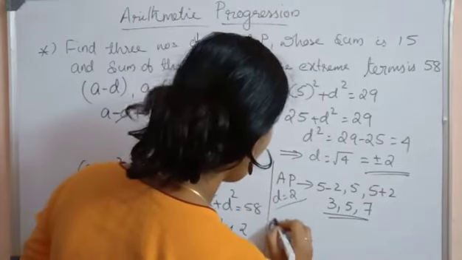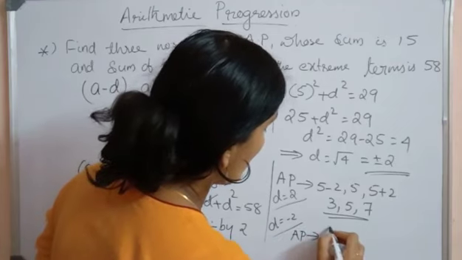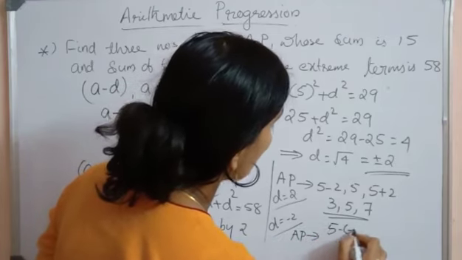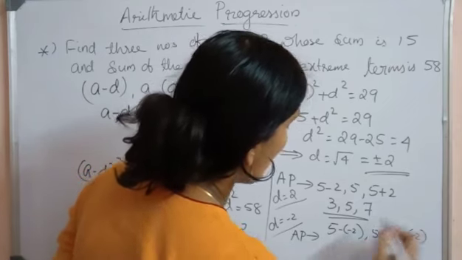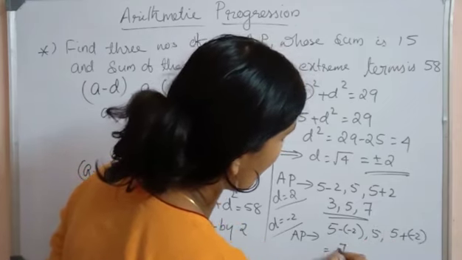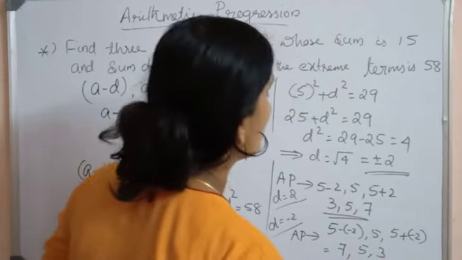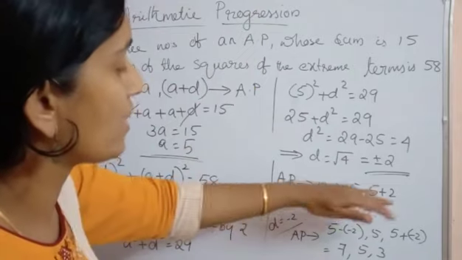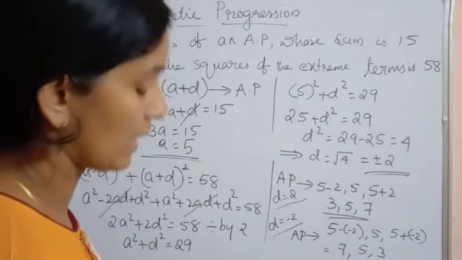When d is minus 2, the AP is 5 minus minus 2, 5, 5 plus minus 2. And that is 5 plus 2 is 7, 5 and 3. These are the terms of the AP. Either 3, 5, 7 or 7, 5, 3 are the terms of the given AP.